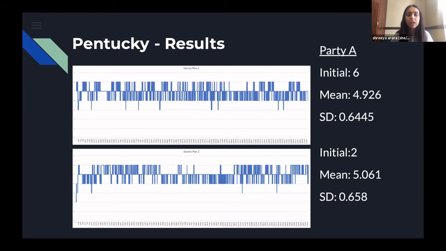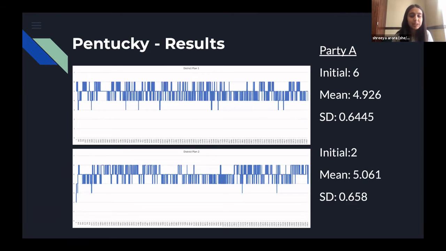So after running our results about 20,000 times for both districting plans, both of the gerrymandered ones, we have two results here. So for the first graph, we see that initially Party A won all 6 of the district votes. However, after about 20,000 trials, we got the average to be about 4.9.